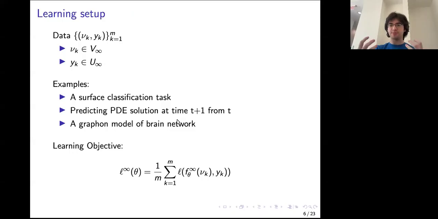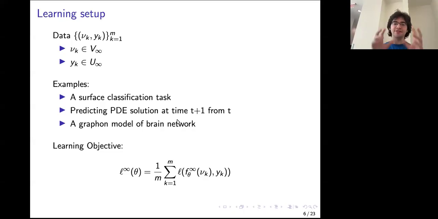In this context, we're going to consider that we have data in this infinite dimensional space. Some examples of this: we can have a surface classification task where you have the continuous surface. Another one is if you have a PDE solution at time t, you want to predict time t plus 1. I'm talking about the continuous function, not just discretely many points. A third one is a graphon model of a brain network.